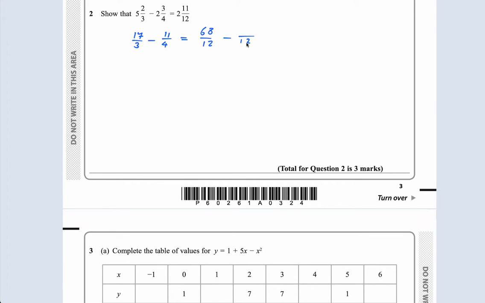And 4 times 3 is 12. 11 times 3 is 33. Then 68 minus 33 is 35 over 12. And 35 over 12, 12 goes into 35 twice, remainder 11, hence 2 and 11 twelfths, which is what we wanted. Question 2, done.